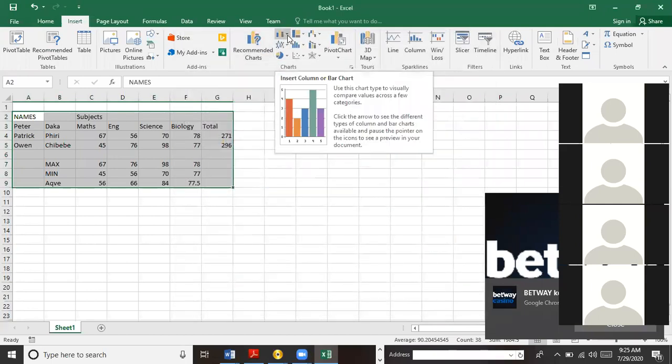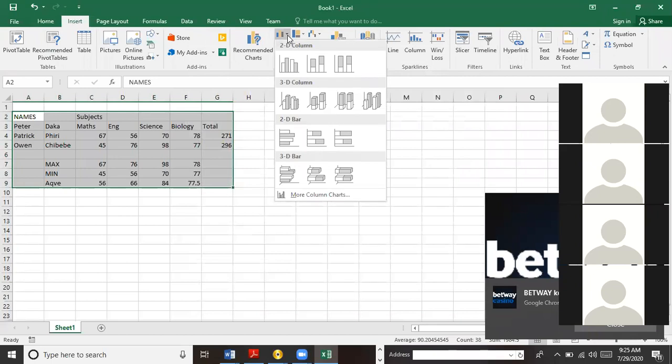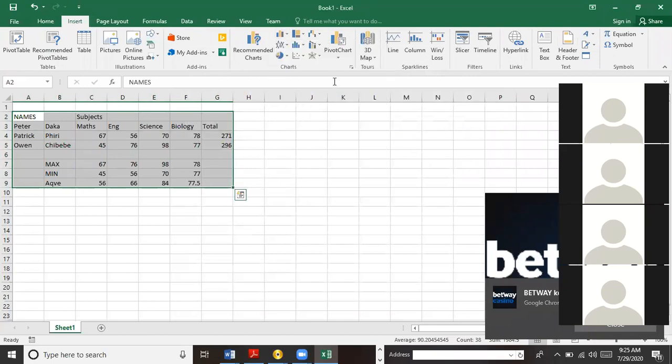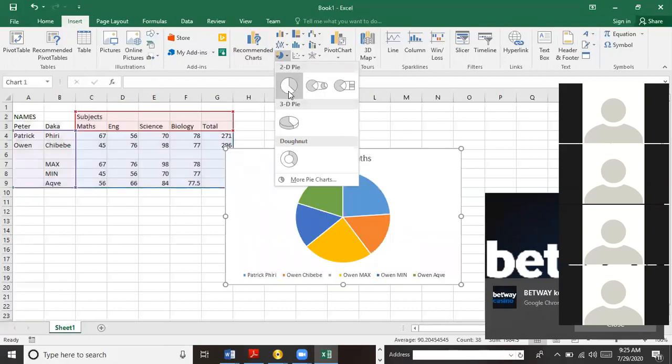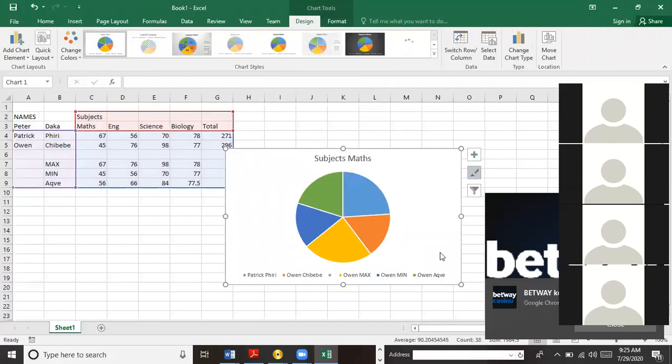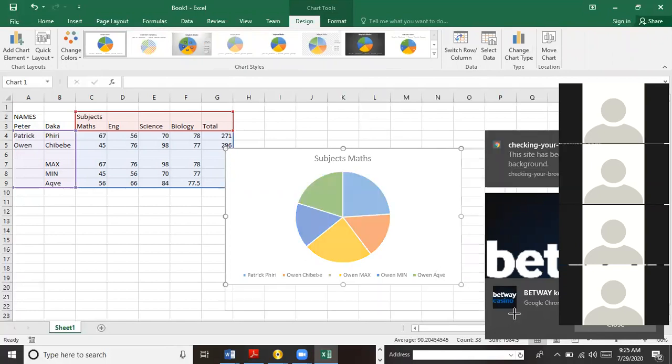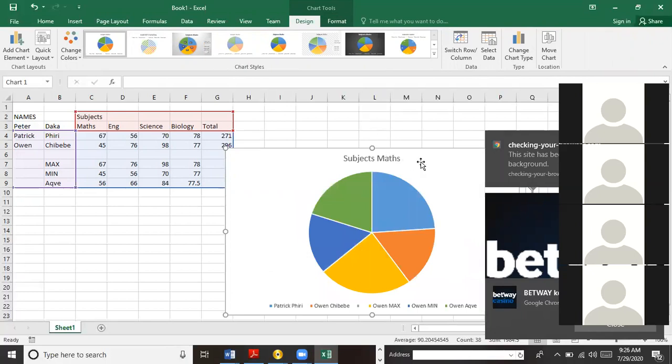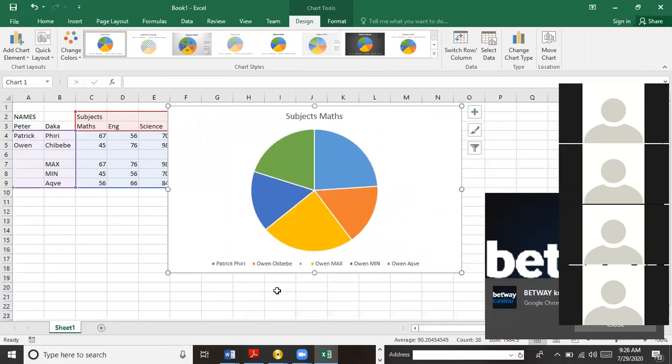For me, what am I going to use? You can use the same chart. Have you seen? Yes. We have Patrick in blue, in light blue actually.